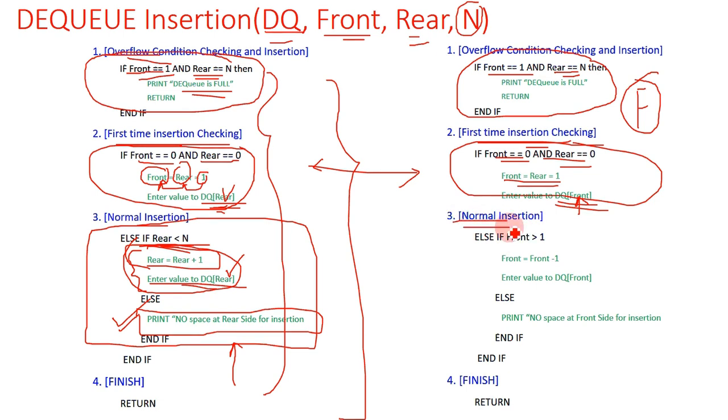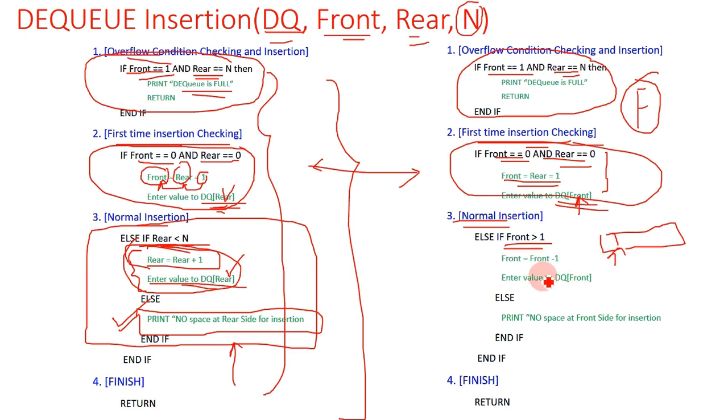In the third step, this is the normal insertion. If front is greater than 0, it means not the first location. We have already discussed the first location case.